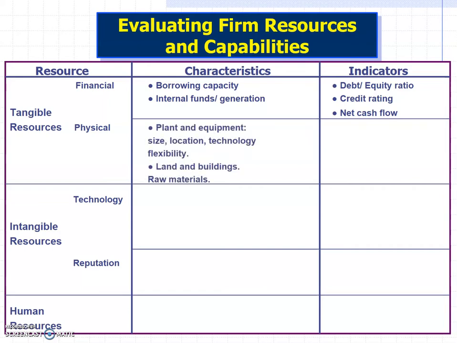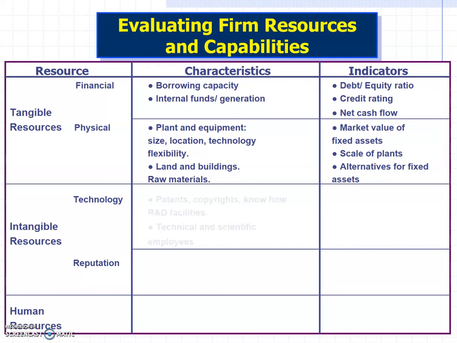For physical resources, things like plant and equipment, the size, the location, the level of technology or flexibility, the land and buildings and raw materials, we can look at things like the market value of fixed assets, the scale or the capacity of plants, or the various alternatives for fixed assets.